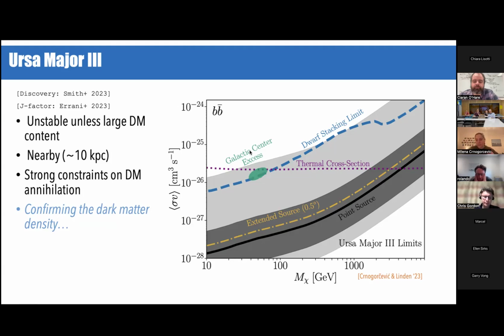So the way it's been done right now is there are currently 11 star members of this dwarf spheroidal galaxy that have been observed by an infrared instrument. Removing some of the members of this supposed dwarf galaxy results in a complete dismantling of this system as a potential dwarf spheroidal galaxy.